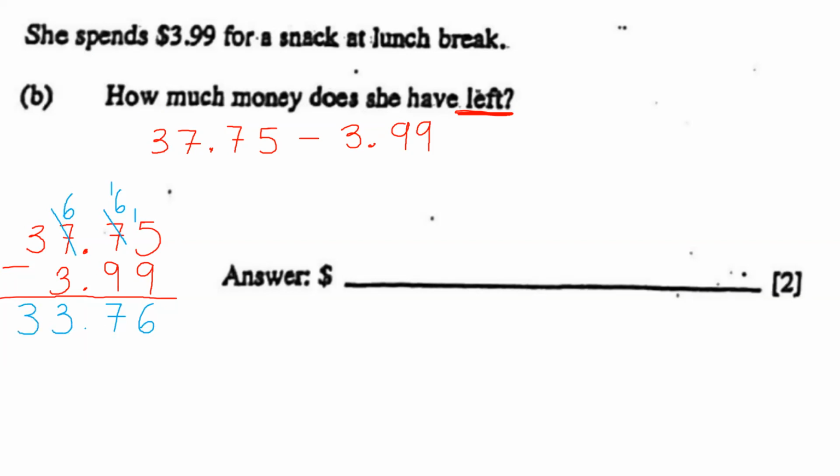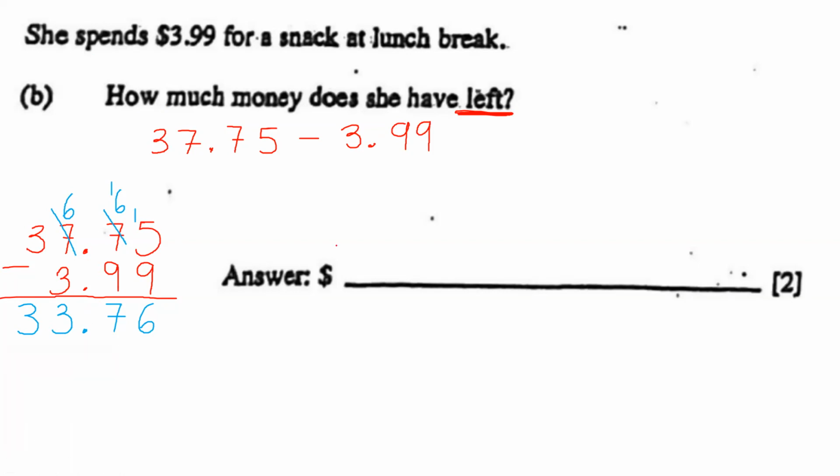And we put the decimal point down below. So the difference of $37.75 and $3.99 is $33.76.